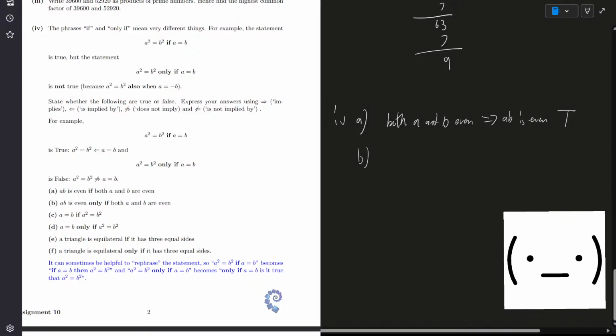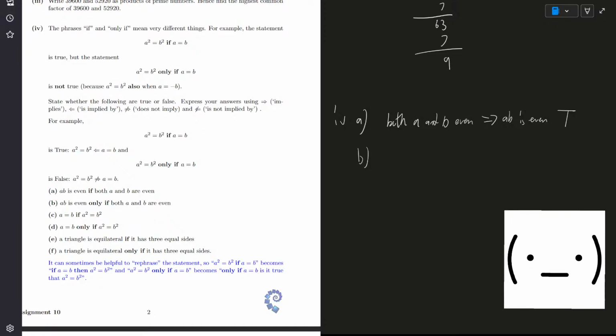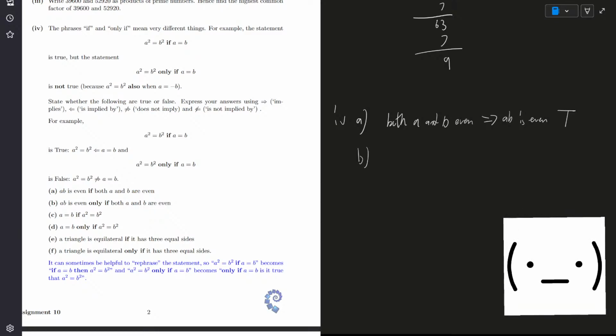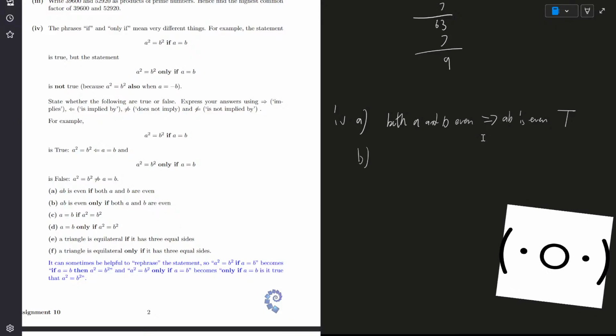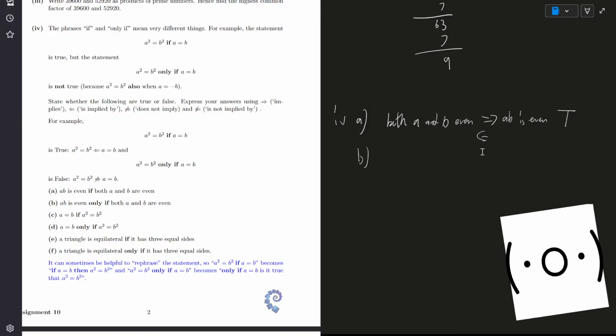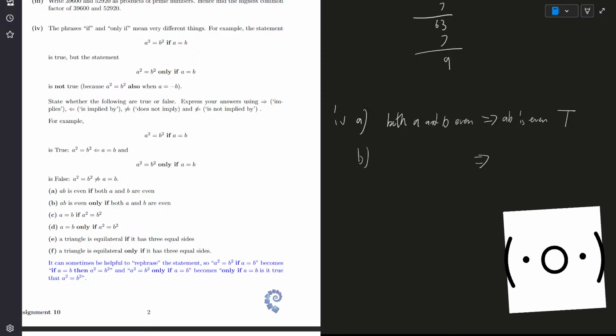B. Okay, so this one, I reversed the direction, and since only if reverses direction again, it should point like this if we were to rearrange it in the correct structure.